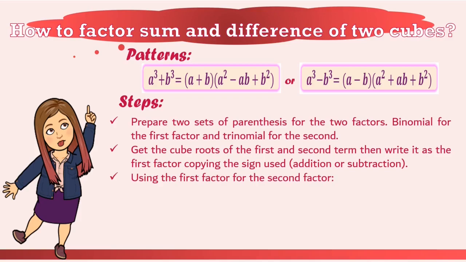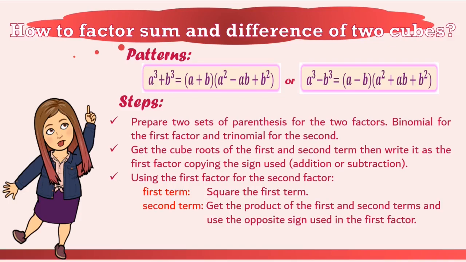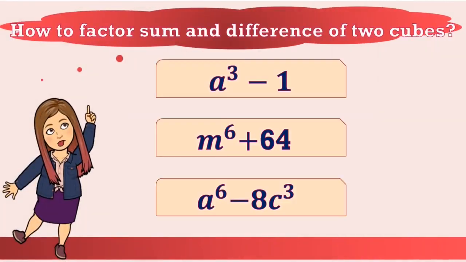Third, use the first factor to get the second factor. The first term is the square of the first term of the first factor. The second term is the product of the first and second term of the first factor. And the third term is the square of the second term of the first factor. We will be using these given examples.